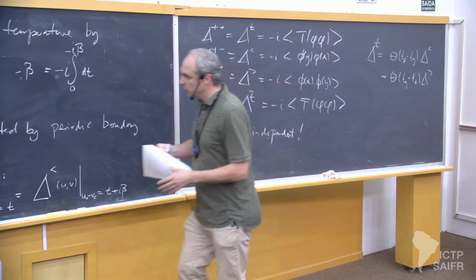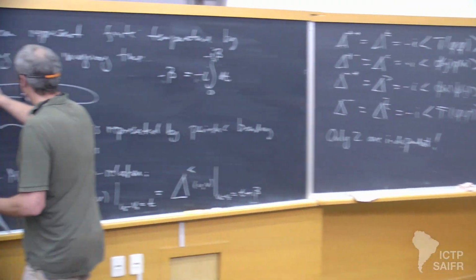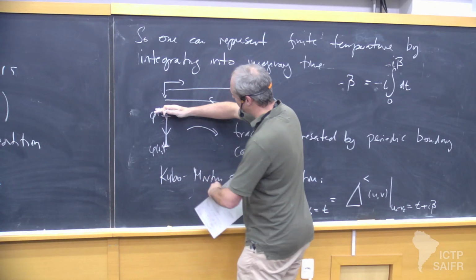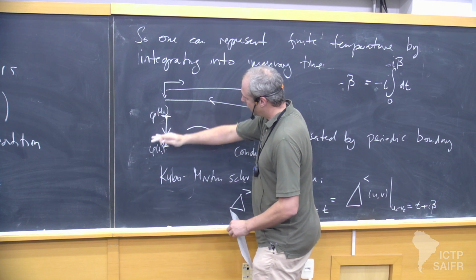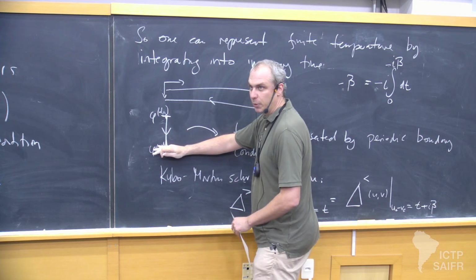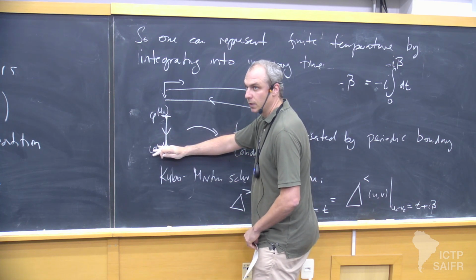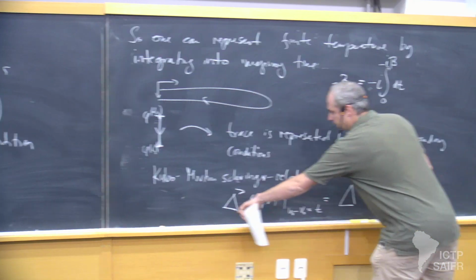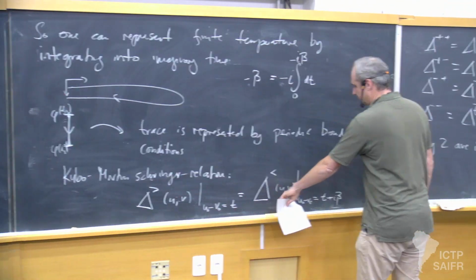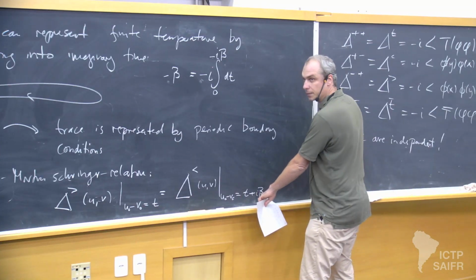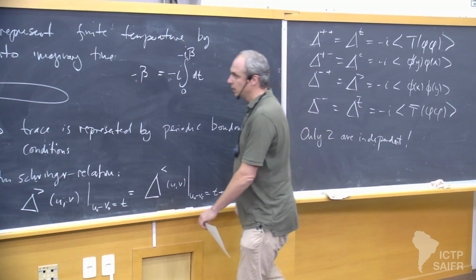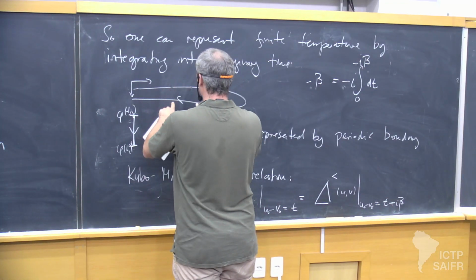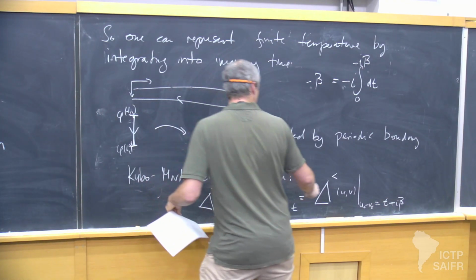So if you have this path and you have this step, you impose that these fields, which live here, are related to these fields via periodic boundary conditions, right? And since you have this path construction, it will relate the delta bigger to the delta less in the following way, because everything which is less ordered here will be down here on the other branch.